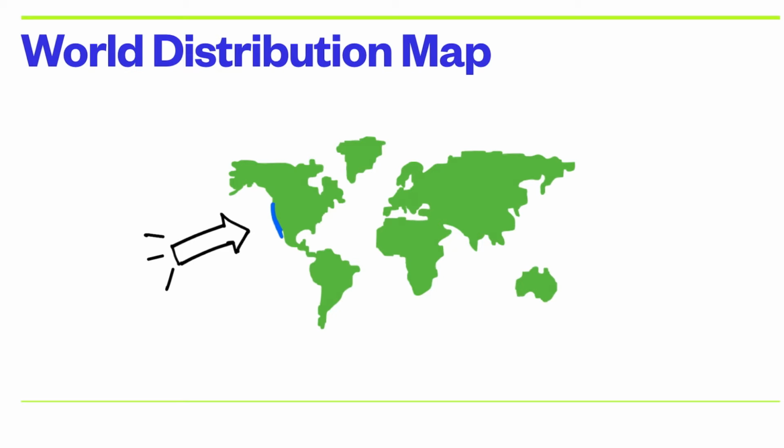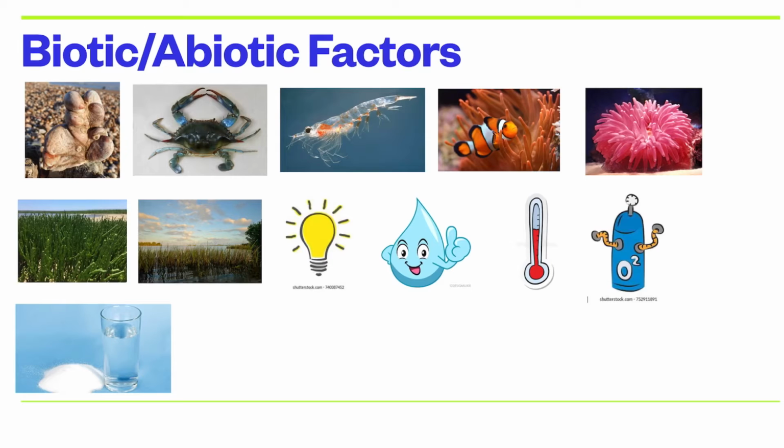They enjoy the warm, shallow, protected water that the eastern Pacific Ocean provides. So there are many biotic factors that are found in estuaries and kelp forests.